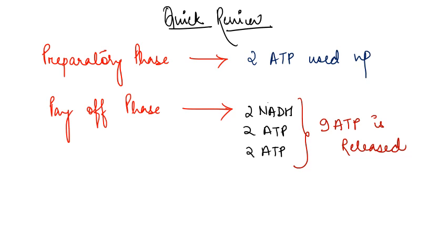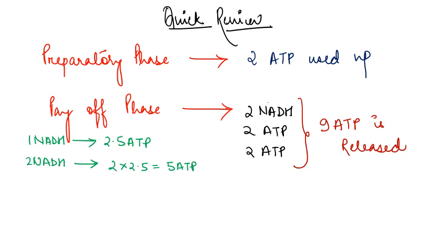How 9? Because 1 NADH releases 2.5 ATP, right? So 2 NADH will release 2 into 2.5, that is equal to 5 ATP. So from 2 NADH we get 5, and 5 plus 4 is 9 ATP.